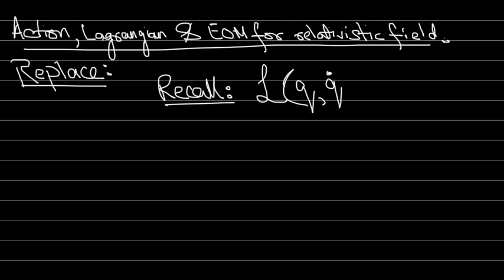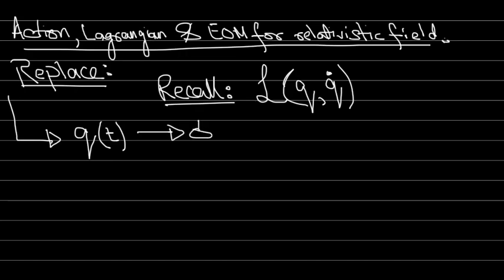So that's represented with q dot. Okay, so if we are going to talk about relativistic fields, we simply replace q of t, this generalized position as a function of time, with some generalized field that is a function of this 4 vector, right?